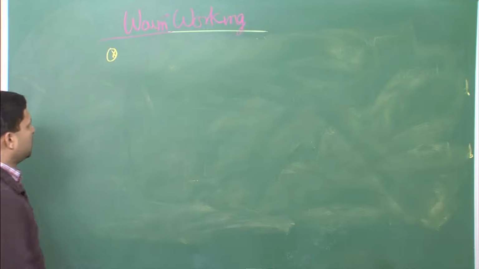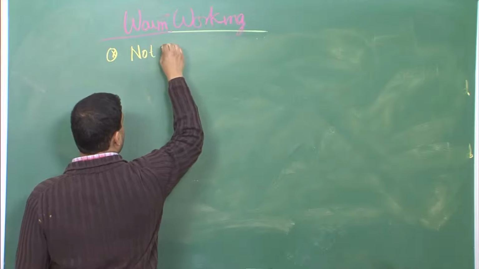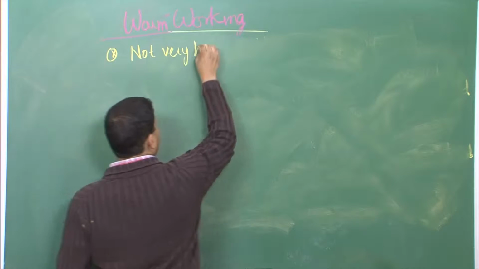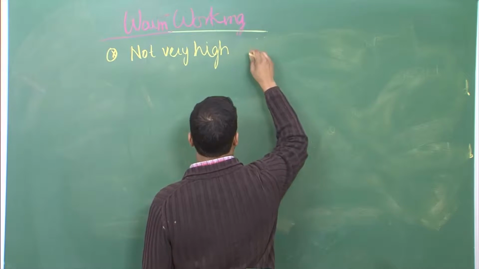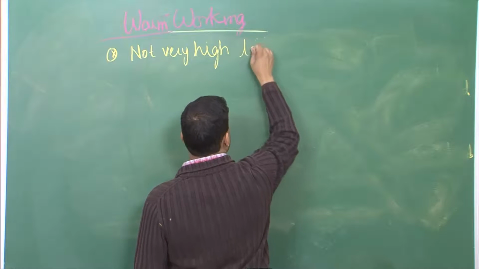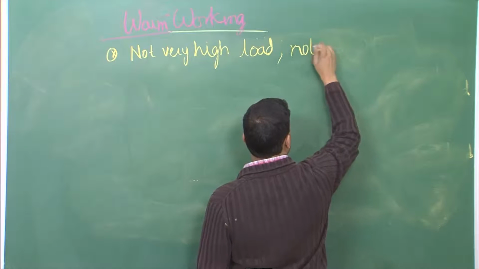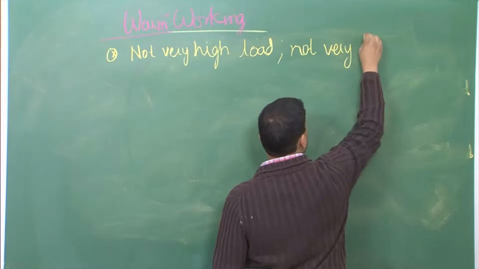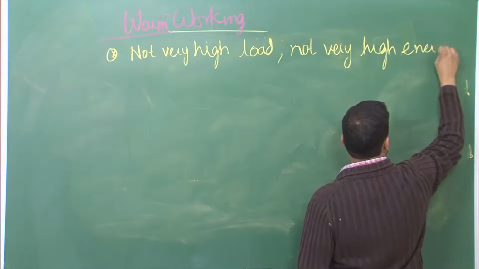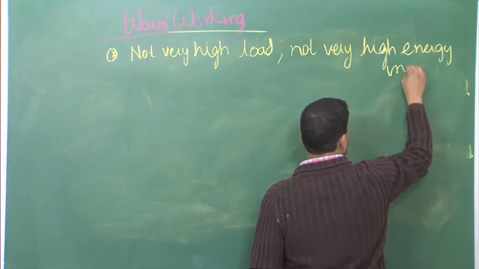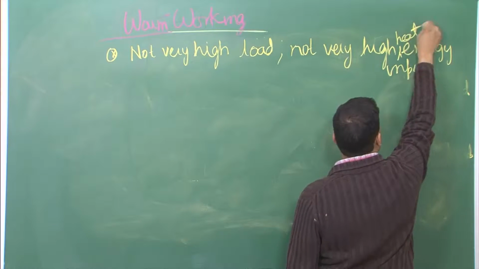On one hand, you do not require very high load, nor do you require very high temperature or high heat energy input. To be precise, let me put it as heat energy input.